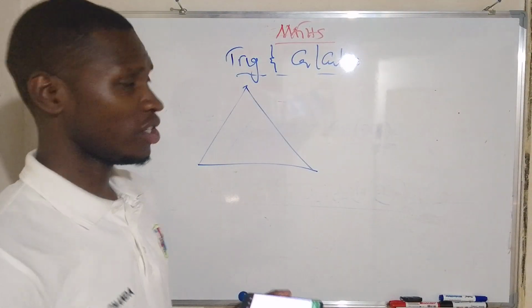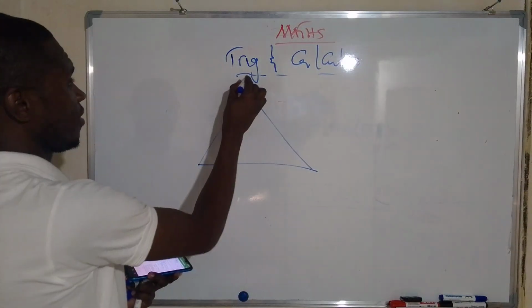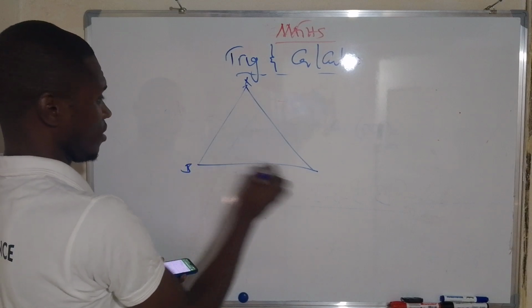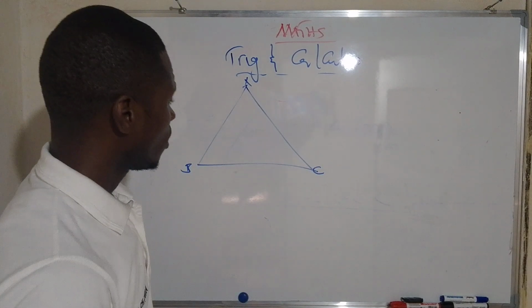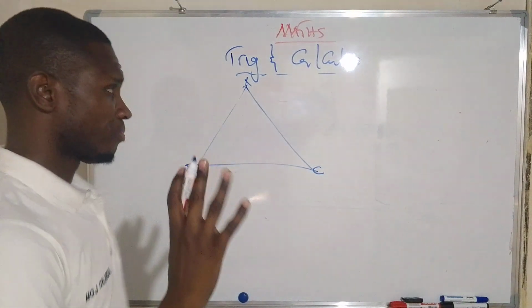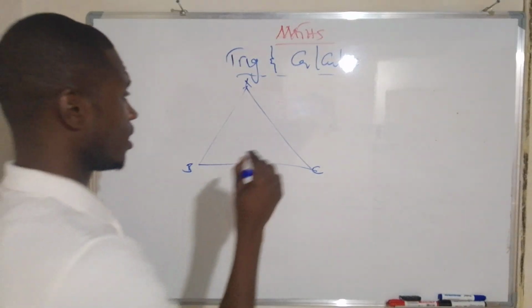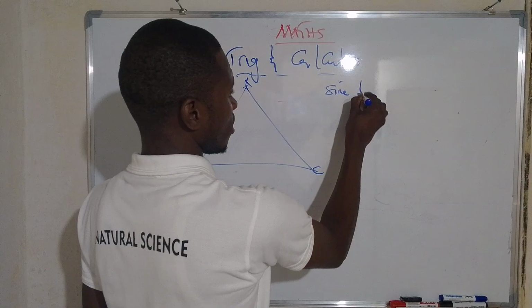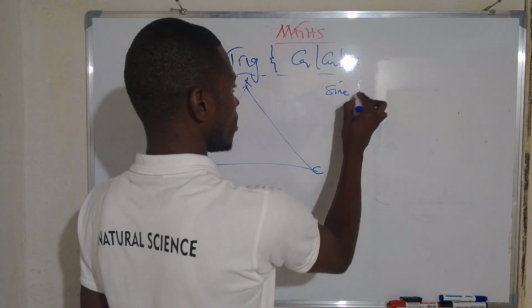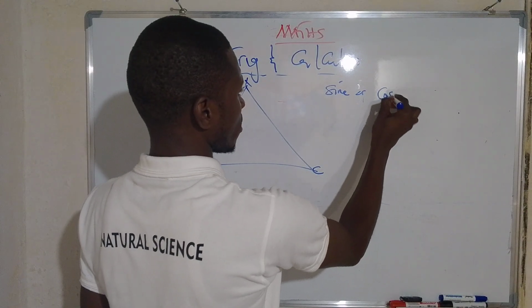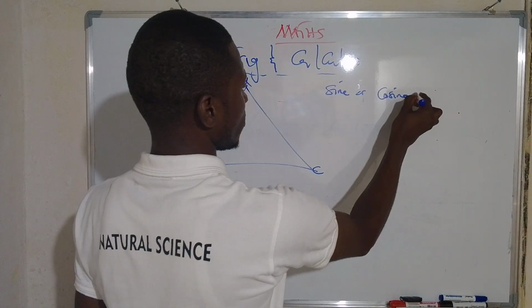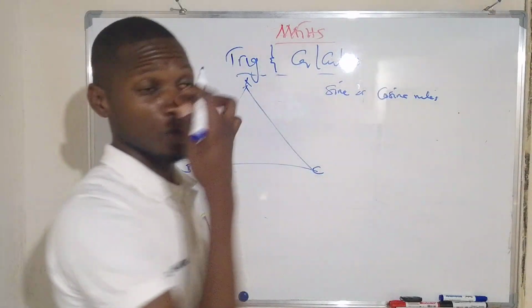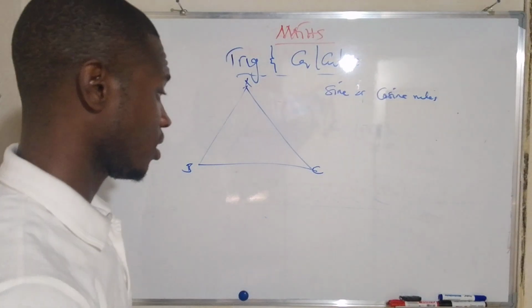We'll look at a simple demonstration where, let's say, we have M, we have B, then we have C. Only two things are involved tomorrow. Either we look at sine or they'll give us cosine. These are the two rules we are going to focus our attention on.